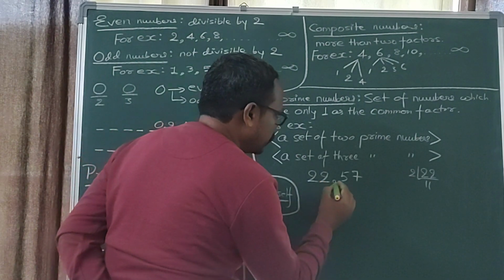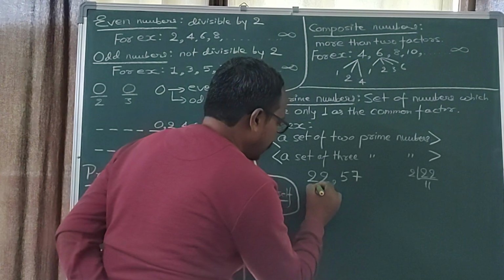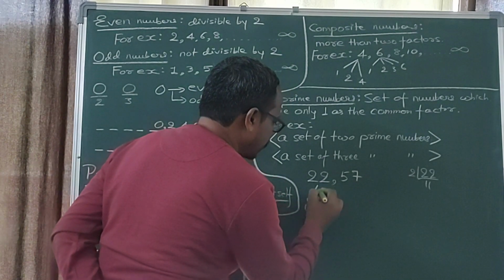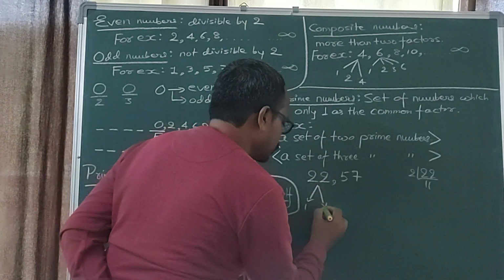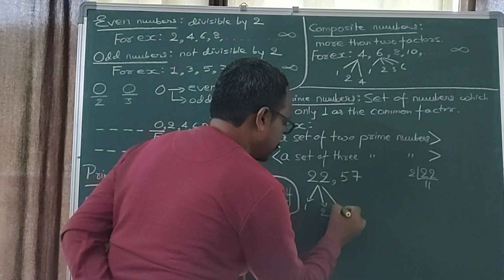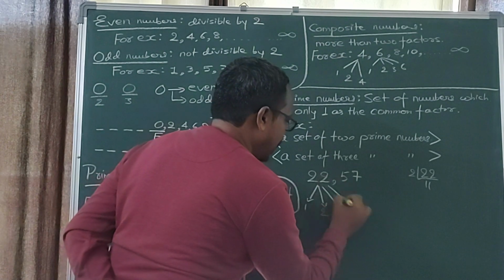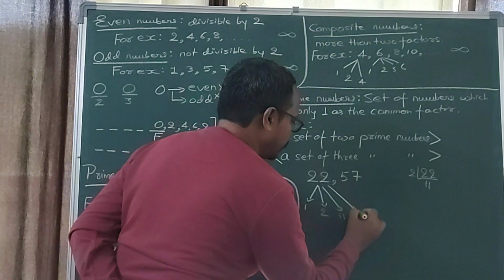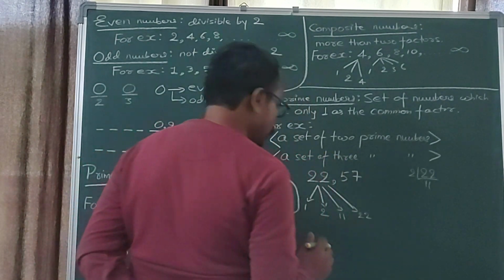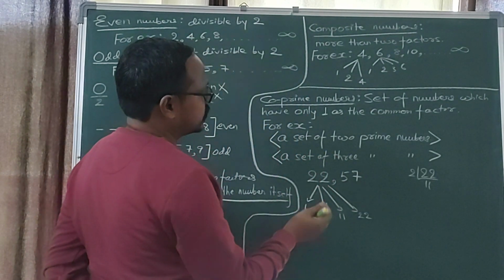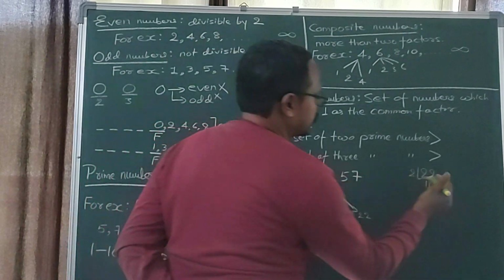So you can say that 1 is a factor, 2 is a factor, 11 is a factor of 22, and the number itself, 22, right?